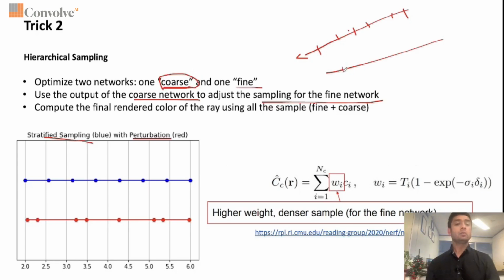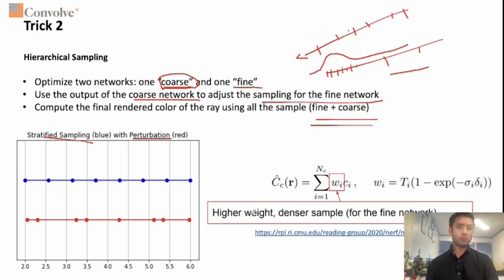That would do higher sampling, for example, around areas where there are objects, so the volume density is high, and very few samples where volume density is low. That way your model is able to get more detail around the areas where there are objects, and you don't really care about empty spaces, so that's where you don't spend much time, and that's where the fine network comes into play. And then the computation of the final is using fine plus coarse.